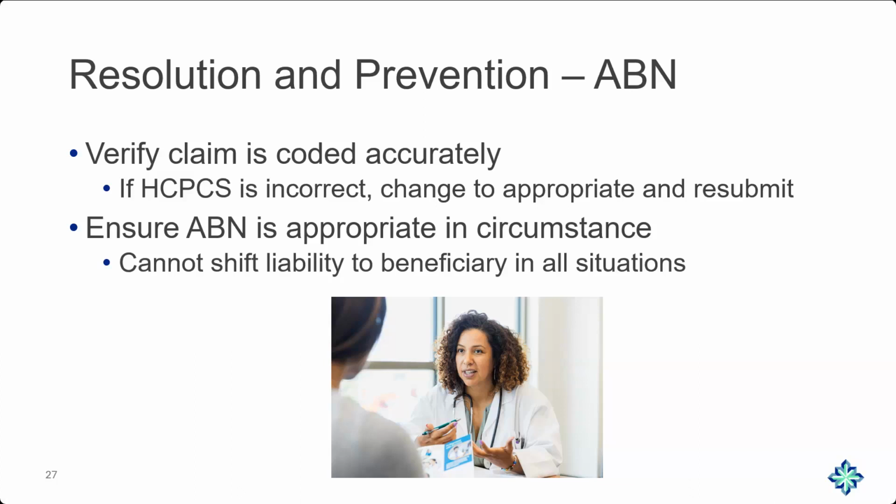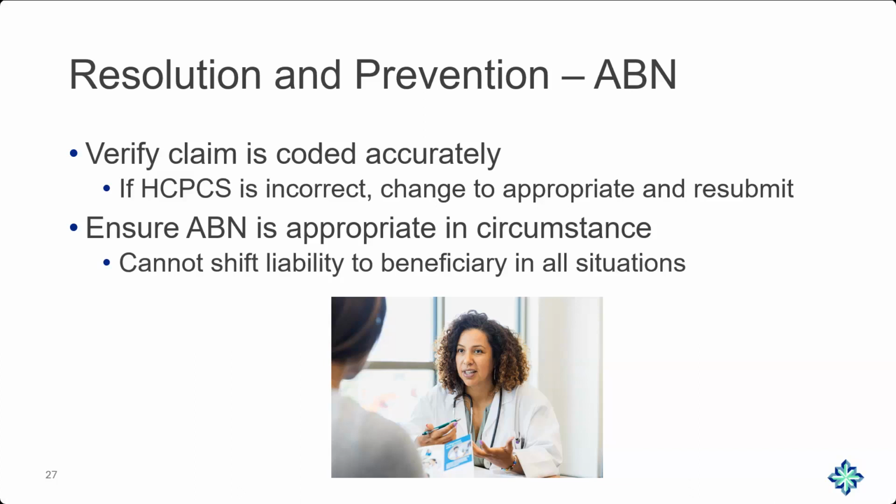ABNs are given when an item is a Medicare covered benefit, but due to the patient or the circumstances, it's not medically appropriate in this instance for your patient. If you gave an ABN, add the 32 occurrence code with the date and the appropriate modifier.